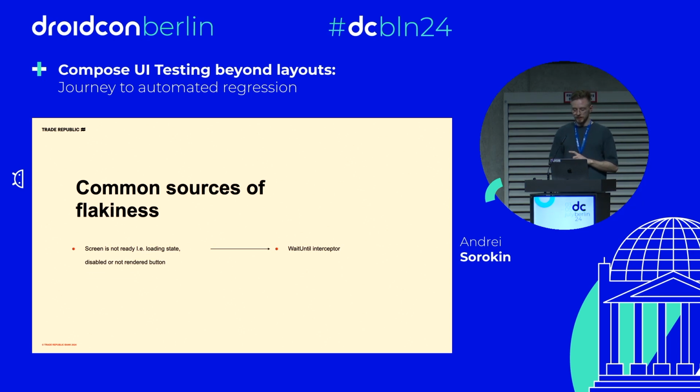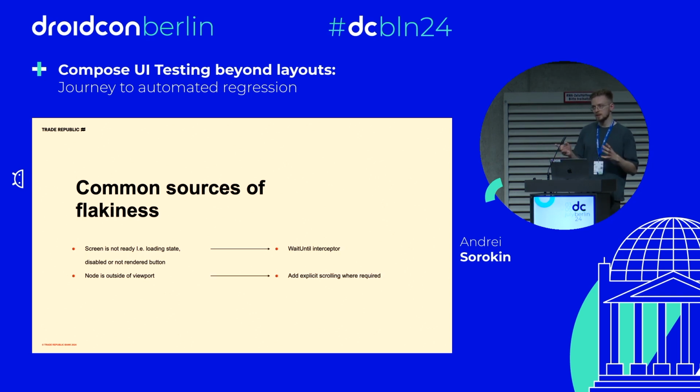We'll get to that in a minute, but other sources are, imagine it's not visible on the screen. Well, probably you just need to scroll to it. Using this scrollable node forces you to think about scrolling all the time, and then you understand that if it's in a lazy column or a scrollable column, you always have to have the scrollable thing in your screen.